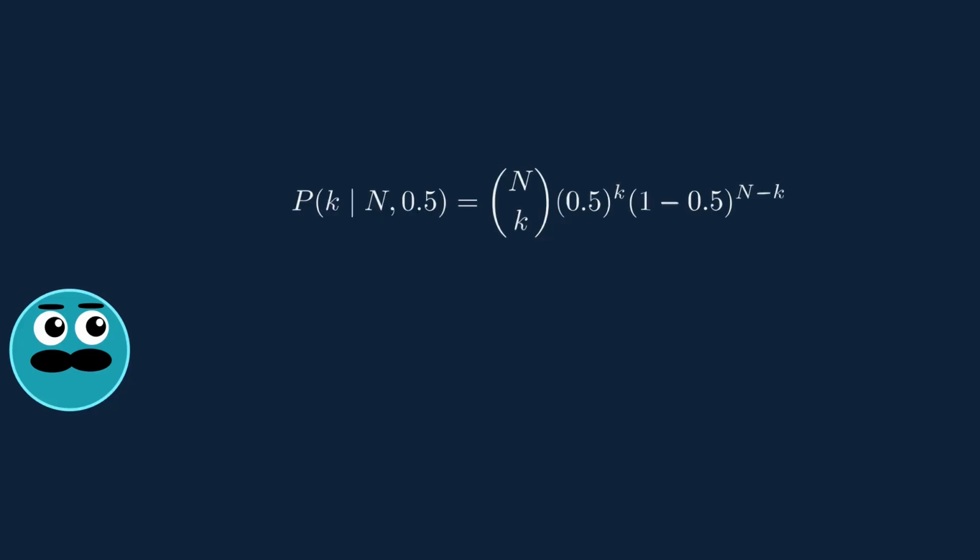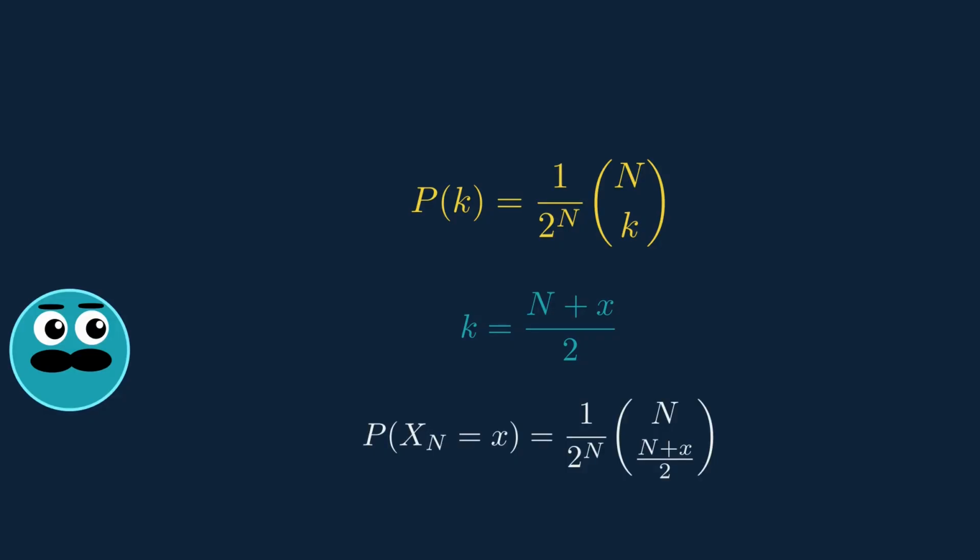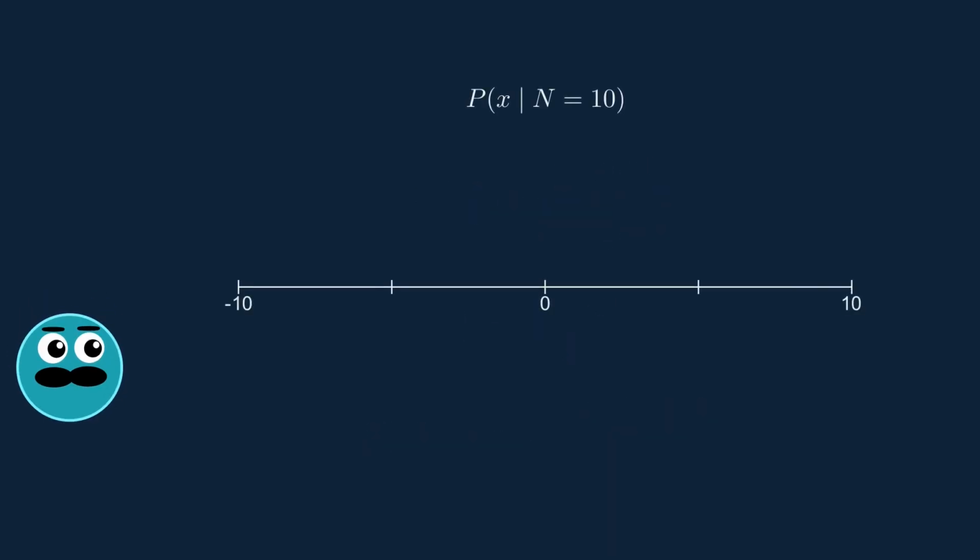The probability of getting k heads in n coin flips is given in this equation, so the probability of ending at position x is connected to this by k equals (n plus x) divided by 2, which means that the probability of ending in position x after n steps is this, as long as that number of heads is actually possible. And now we can write the average distance.